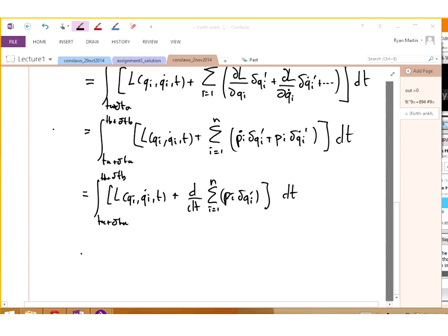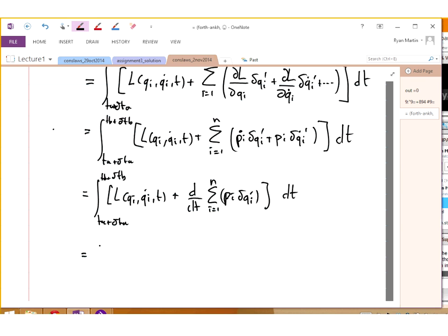Okay. So now I'm going to use the identity that I had before. So now we have this integral that goes with the limits t_a plus delta t_a and t_b plus delta t_b, and we derived that identity that allowed us to write this as the sum of two integrals where the integrals go from t_a to t_b and don't have any deltas in them.